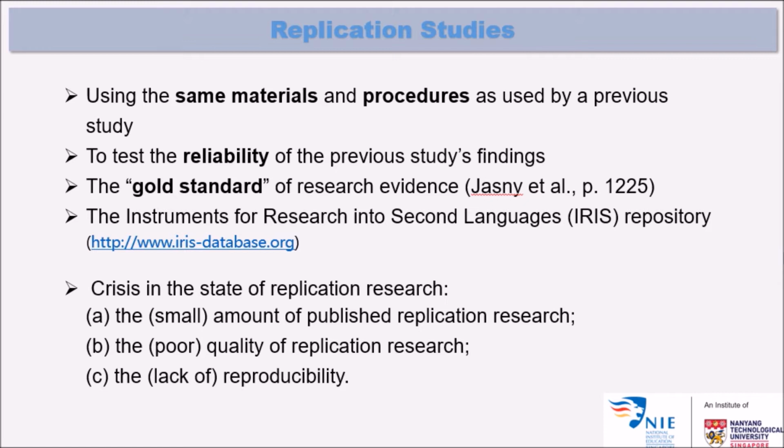One of them is that there has been a small amount of published replication research across many fields, especially in language testing, and to a relatively lesser extent in applied linguistics. The second one is that there has been a poor quality of replication research in previous studies. And finally, some findings, even though they might sound interesting, may not be reproducible or replicable across other contexts.